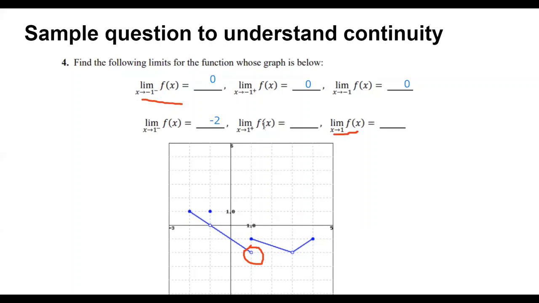However, when we approach it from the right-hand side, as in from this end, we can see that the value of y is actually -1. So the answer for the right hand limit is -1. Now the left hand limit is not equal to the right hand limit. This implies that in this case, the limit for 1 in general does not exist. I'll clear the annotations. We'll move to the next question.